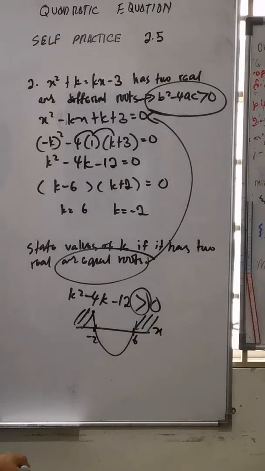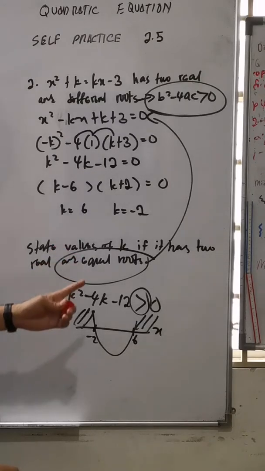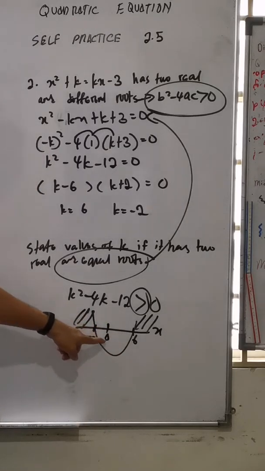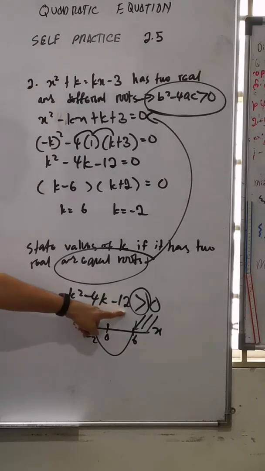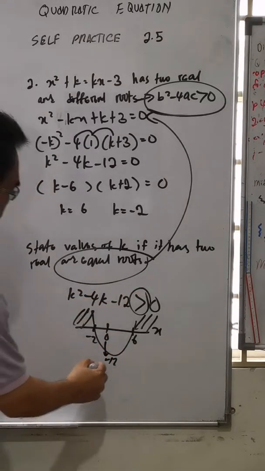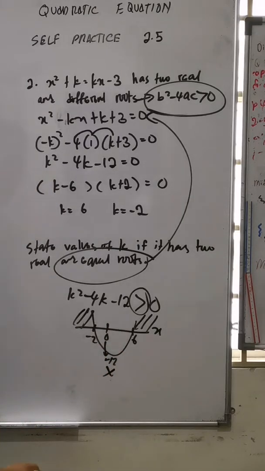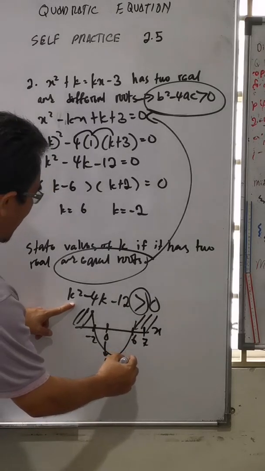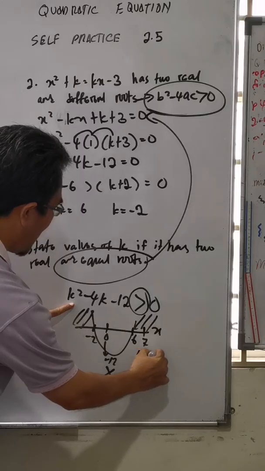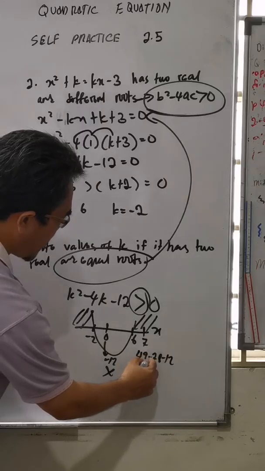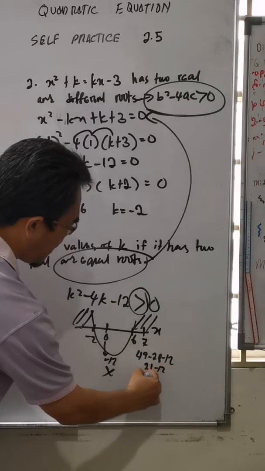Let's test one of the values, 0 here. Just replace k with 0. So 0 squared is 0, minus 4 times 0 is 0, so you get negative 12. Is negative 12 larger than 0? No. What happens if you replace k with 7? 7 squared is 49, 49 minus 28 minus 12. 49 minus 28 is 21, minus 12 is 9.